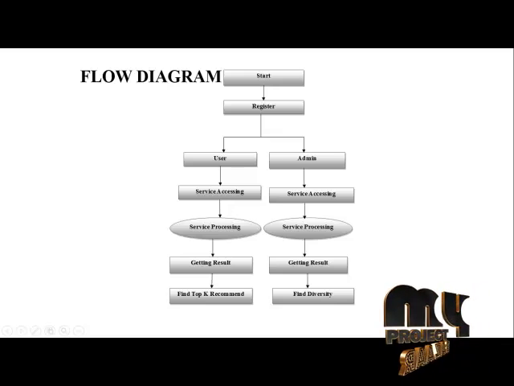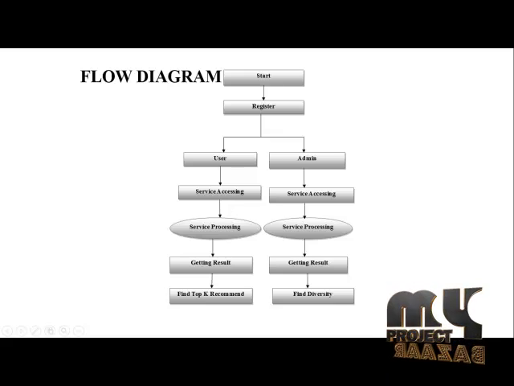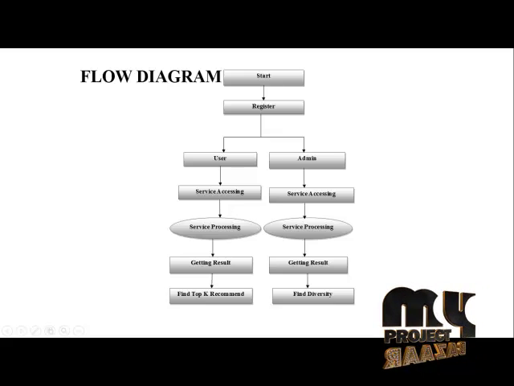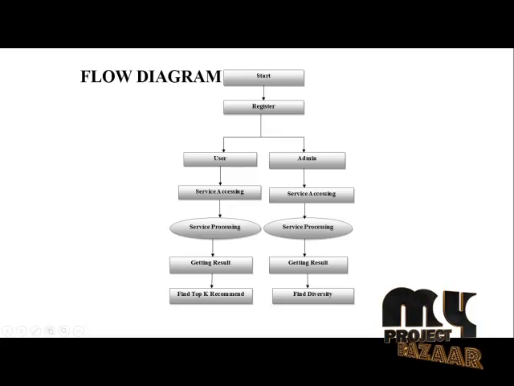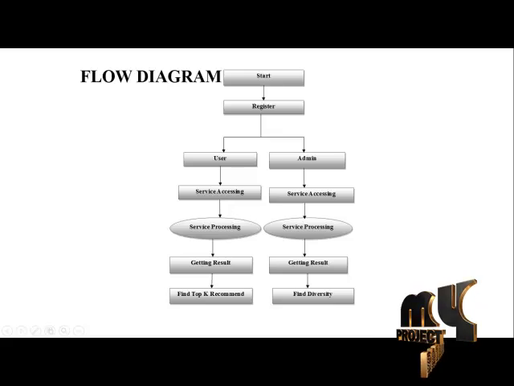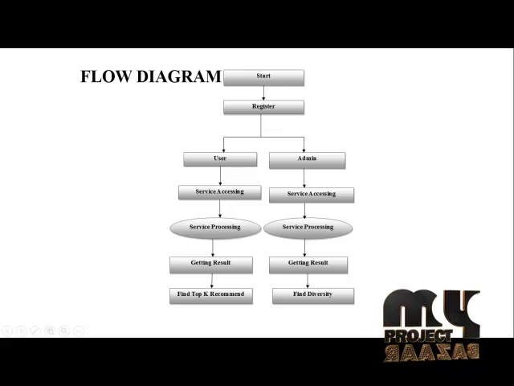After that, we find out the top key recommendation of the product. It is helpful to get the right product to purchase according to their own interest and their own requirements. After that, another process is the admin process. The admin process has separate login services.